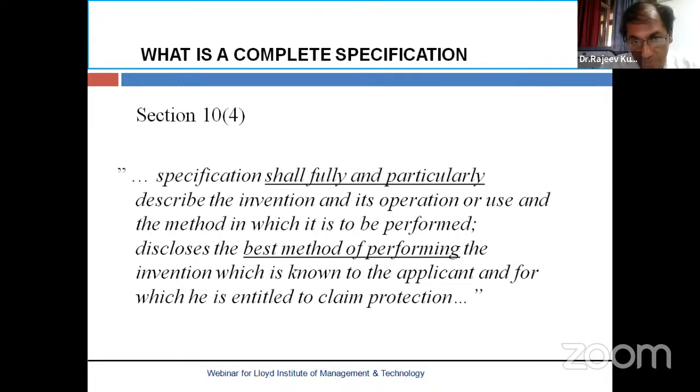And there should be a best method or the best way of performing your invention. यानी किस तरह से आप अपनी इन्वेंशन को परफॉर्म करते हो, उसका बेस्ट मेथड आपको डिस्क्लोज करना पड़ेगा. That is the optimal conditions for performing your invention.